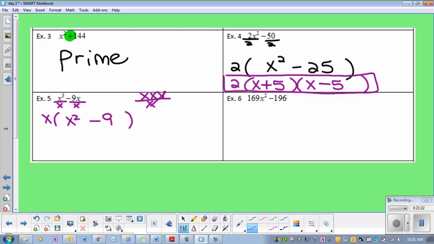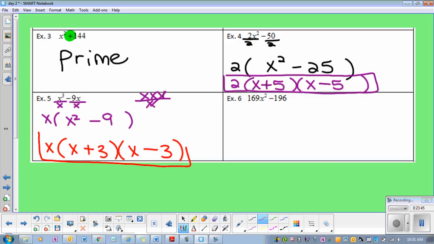Now, can you do DOTS inside the parentheses? Yeah. Good. You could bring down that GCF x. Now you have your double parentheses, opposite signs, x plus 3, x minus 3, right? Square root of 9 is 3. Okay?